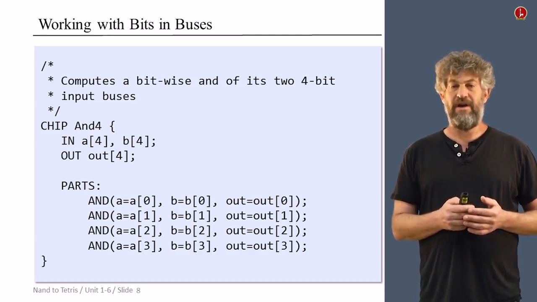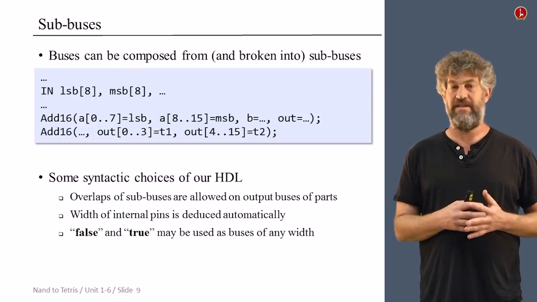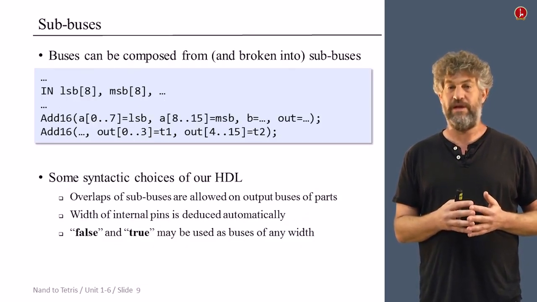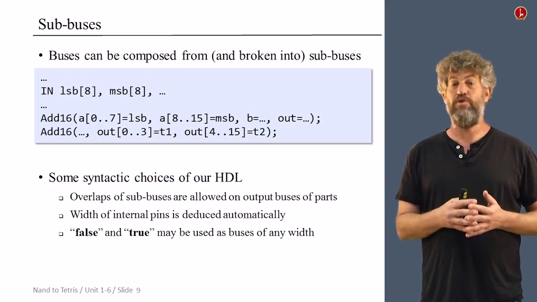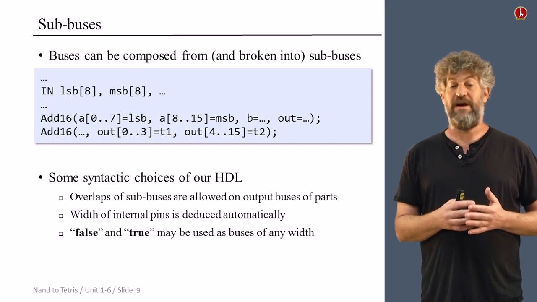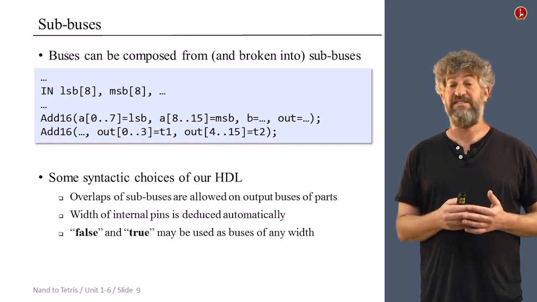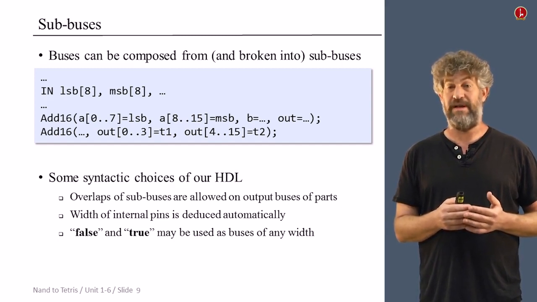So there are a bunch of technical conveniences that you sometimes want to use when dealing with buses. For example, you may sometimes want to break a bus into sub-buses. The first example here shows what happens if we want to compose a 16-bit bus from 2 8-bit buses.